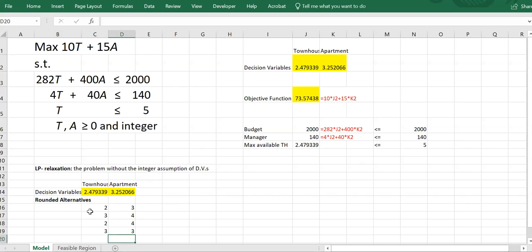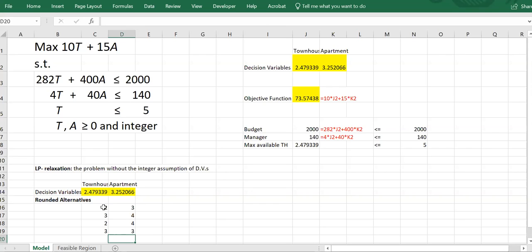So these are 4 different answers that we just found using rounding either up or down of these decision variables, optimal for the LP relaxation problem, not necessarily for our integer problem.